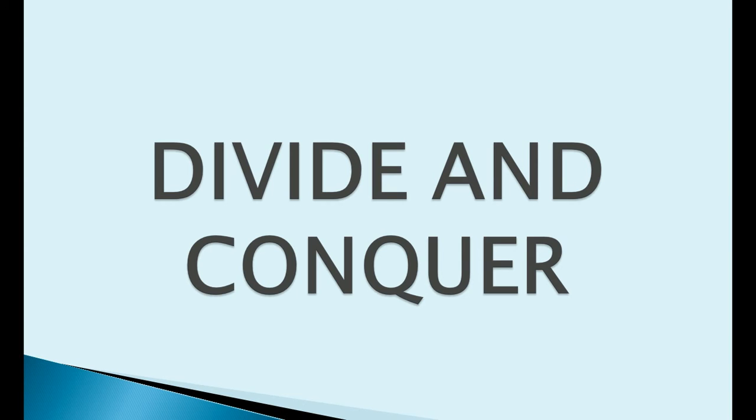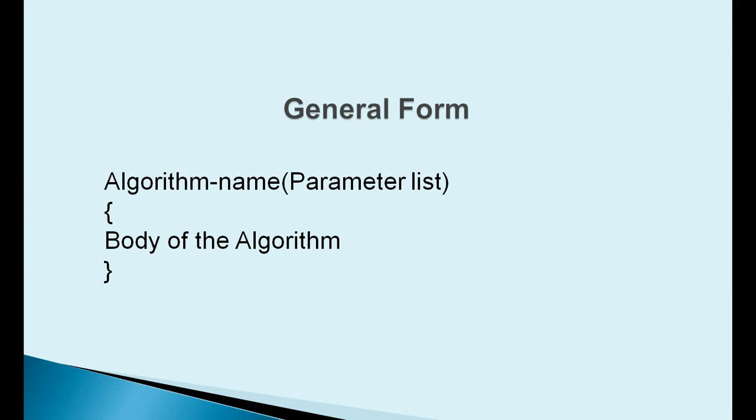Generally, divide and conquer algorithms have three parts. First one divide, second one conquer, third one combine. First, the divide process: divide a problem into a number of subproblems that are smaller instances of the same problem. Second, conquer the subproblems by solving them recursively.